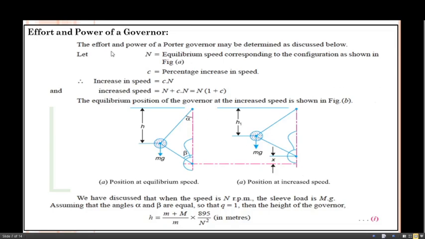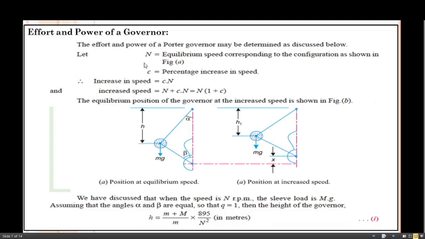Now the effort and power of a governor may be determined as below. Let capital N equal the equilibrium speed corresponding to the configuration as shown in figure A. C indicates the percentage change in speed.